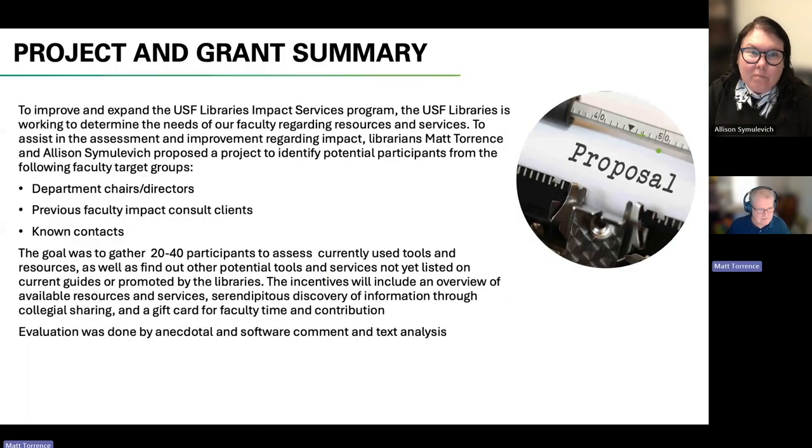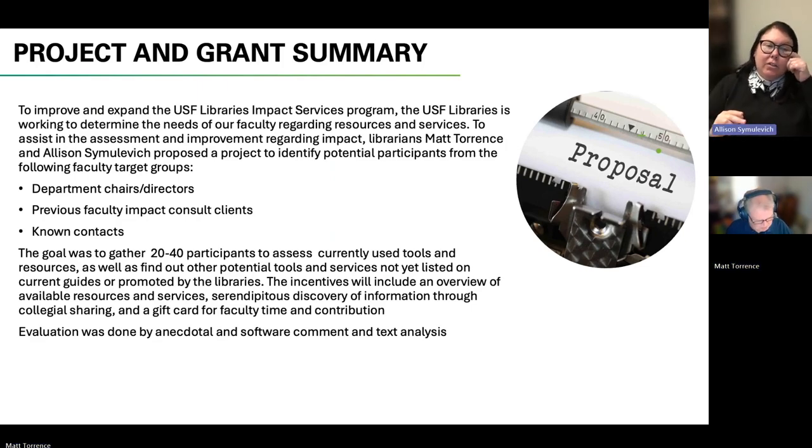So next, here's just a little bit about the project and grant summary. This was just so that you could see what we included in our proposal, the language we used. So if you decide that you want to do something like this, you have example language.